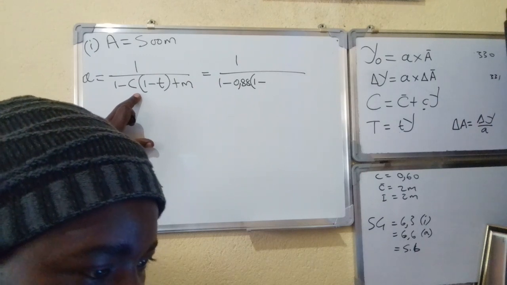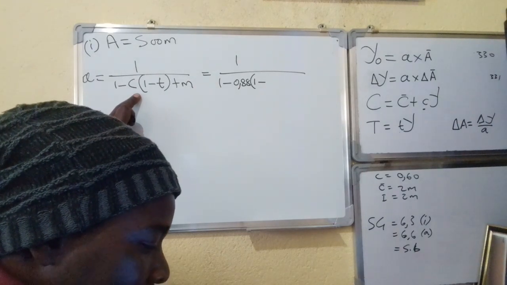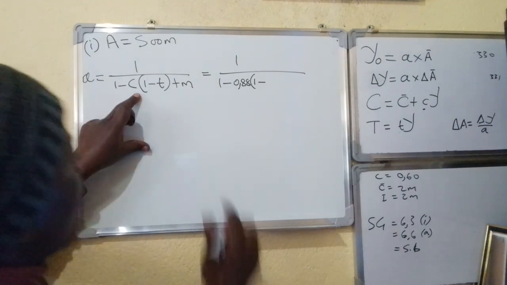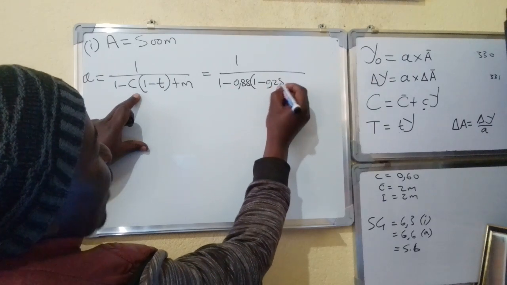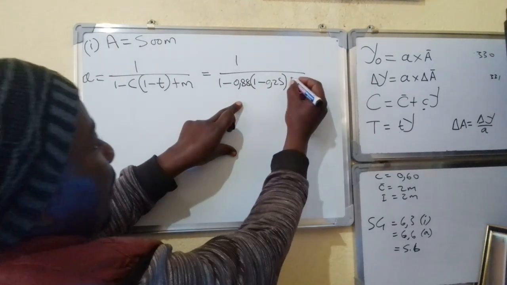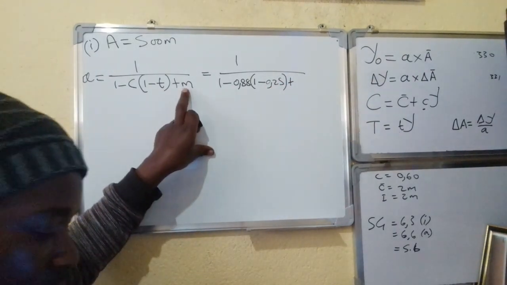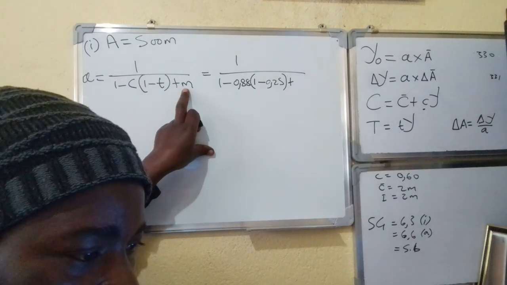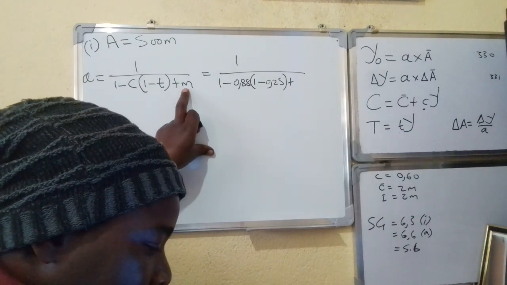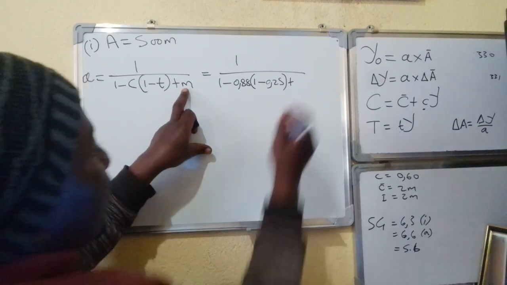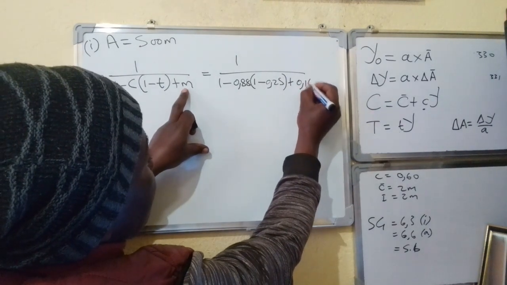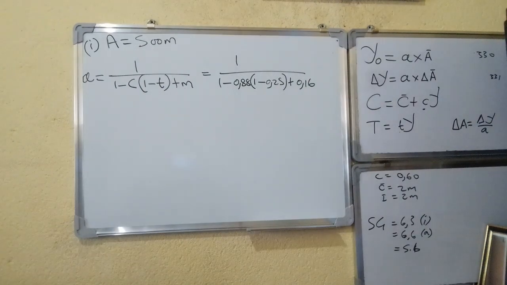My tax is 1 over 4. 1 divided by 4 equals 0.25. And then plus my marginal propensity to import, which is 1 over 6. 1 divided by 6, I have 0.16. Okay?